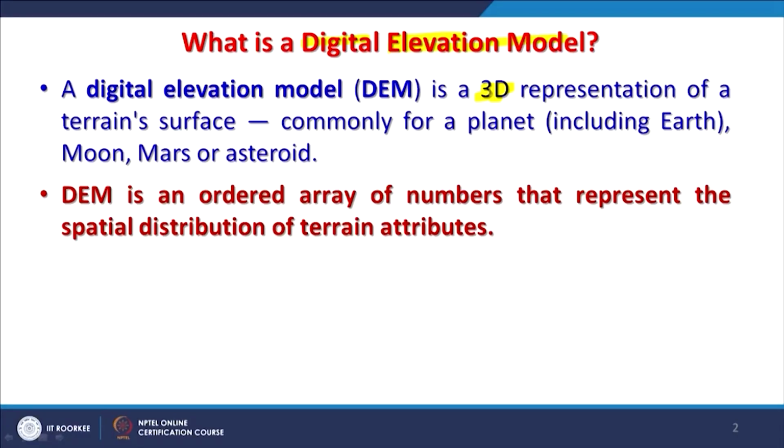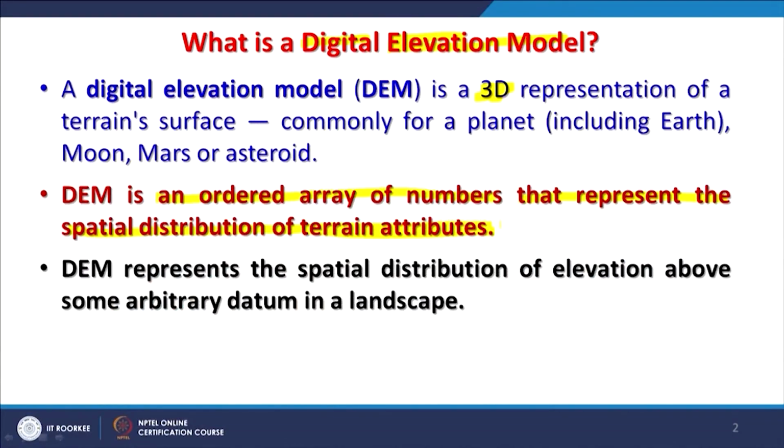As you know, a DEM is raster data. So it is basically an ordered array of numbers, a two-dimensional matrix that represents the spatial distribution of terrain attributes. Generally we put elevation, but as I have mentioned, any other attribute can also be used to create a 3D perspective.